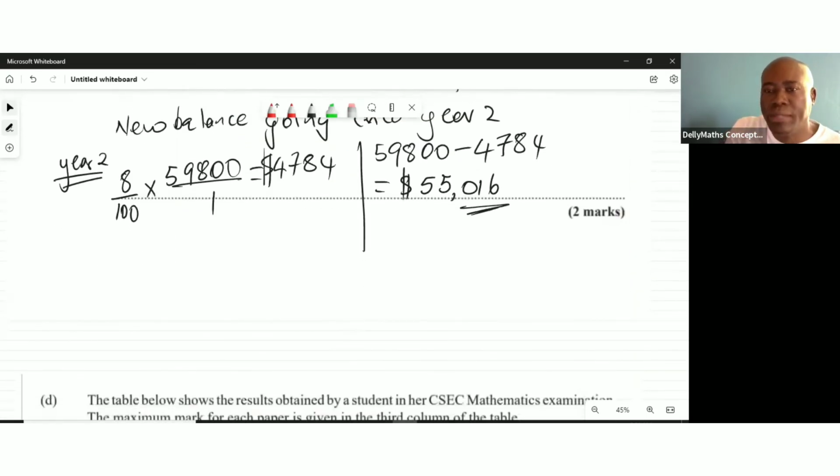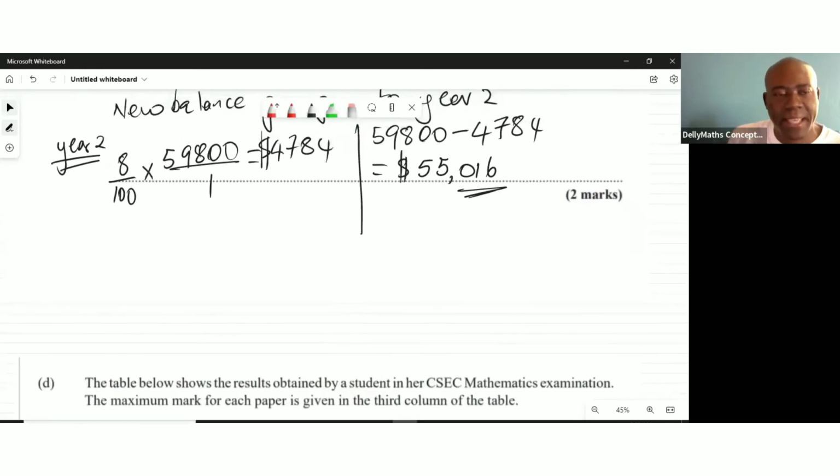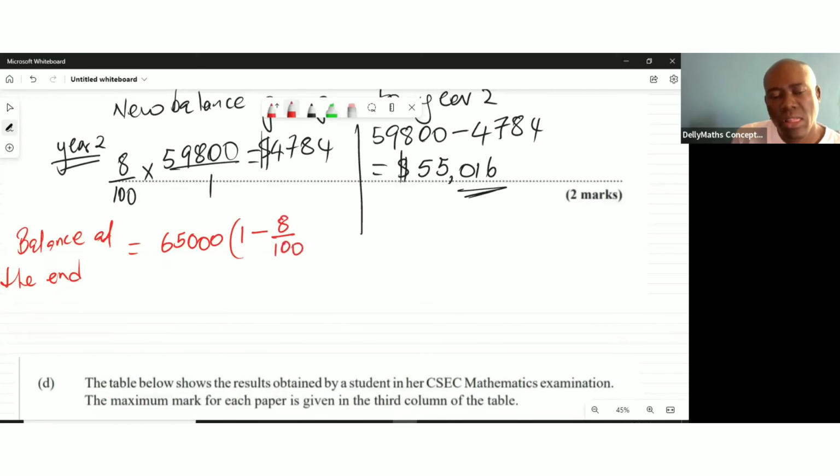A method 2 that we could have employed to get that same thing. We can find the total at the end of the period by using this. So the balance at the end is equal to our principal times 1 minus 8 over 100.